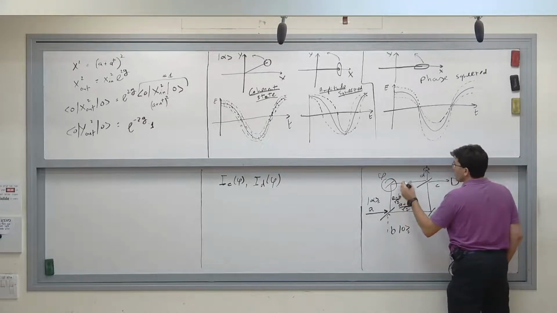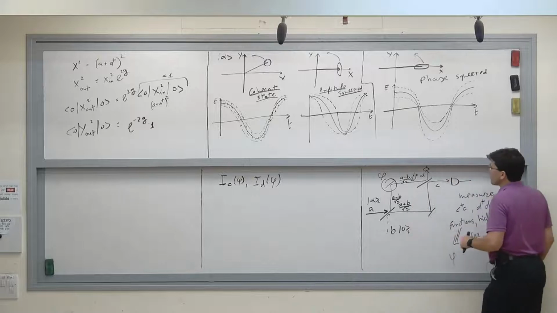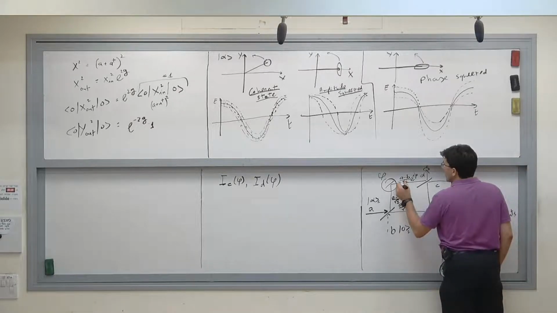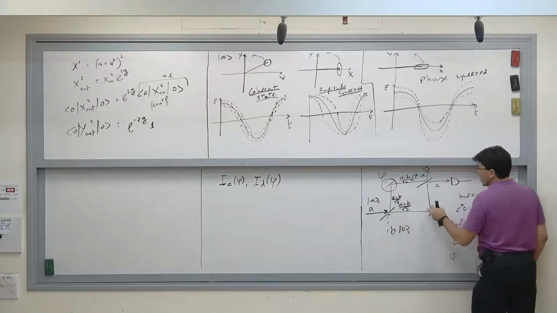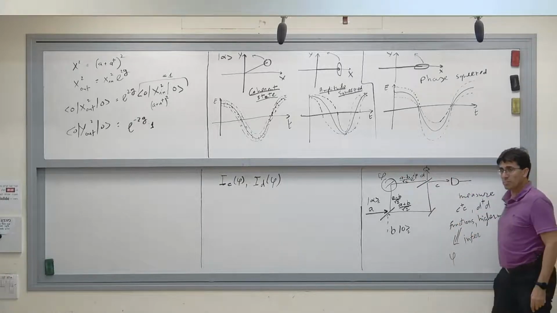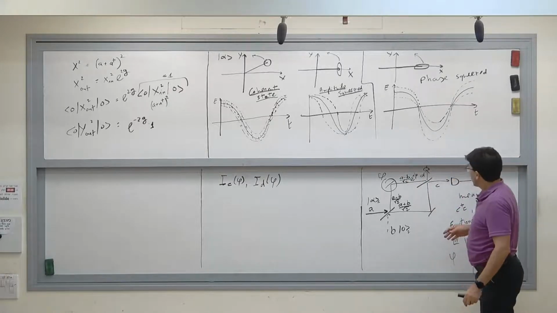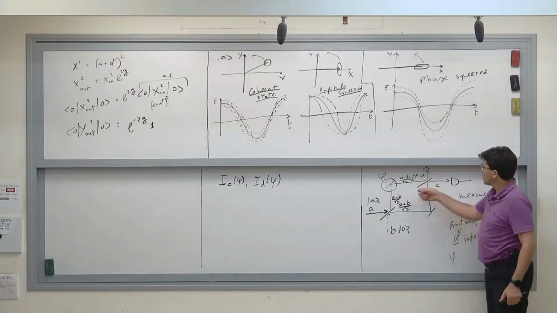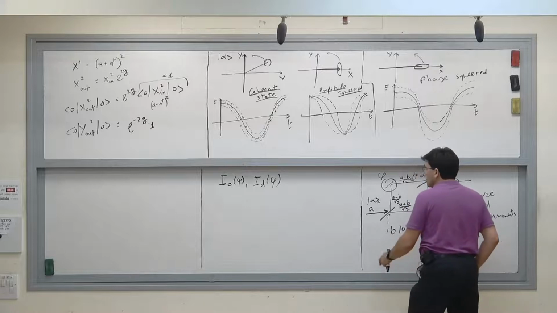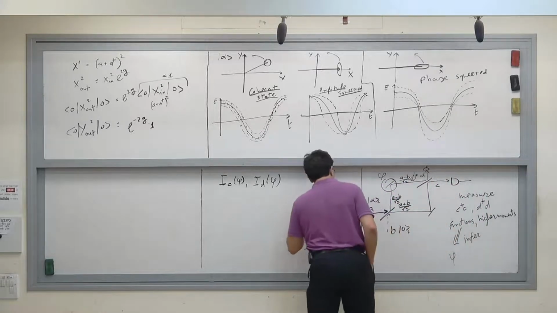And here we have e to the i phi over square root of 2. And here it remains the same. And now C is the sum of those, and D is the other sum. We will have here e to the i phi. So clearly what we will have in the end is this.